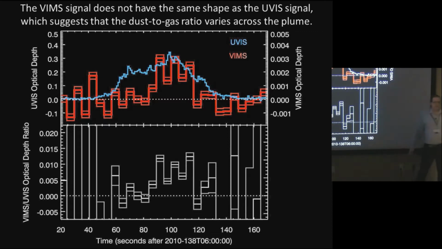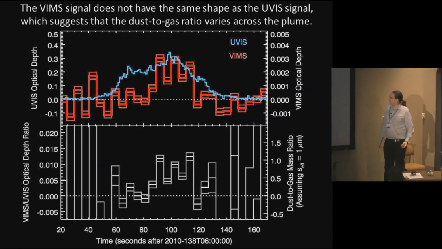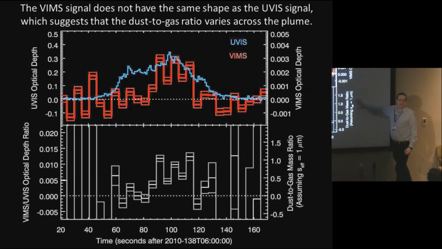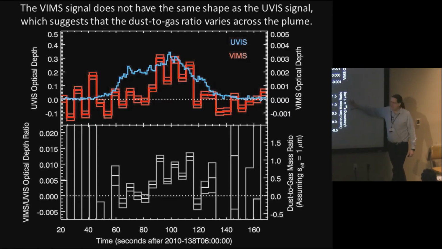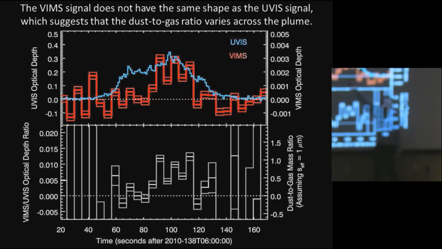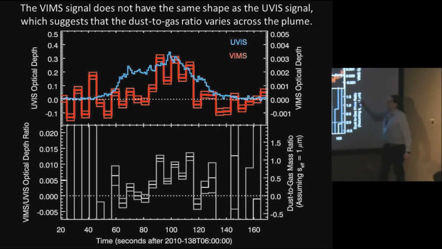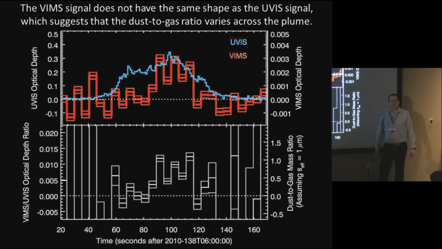This is the ratio of the optical depths, which is directly related to the dust to gas mass ratio. And this is not a constant value. At this period, we see signal from the dust. That implies an optical depth ratio of about 1%, a dust to gas mass ratio of about 1.